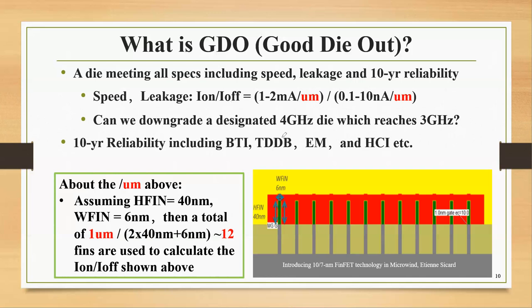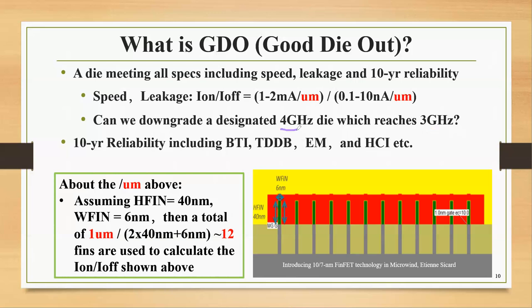I have a question for you. Since the current is related to speed, if a foundry manufactures a 4 gigahertz die but cannot make it that fast as you specified, and they say, I only reach 3 gigahertz, will you accept that? This is called bin split. Usually it will not be accepted, because a 3 gigahertz product has its own market to handle.